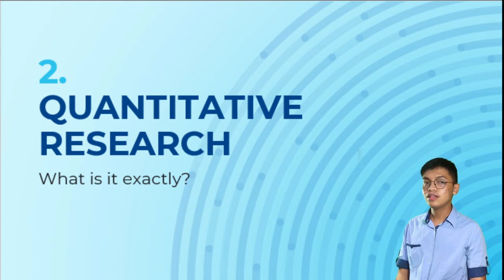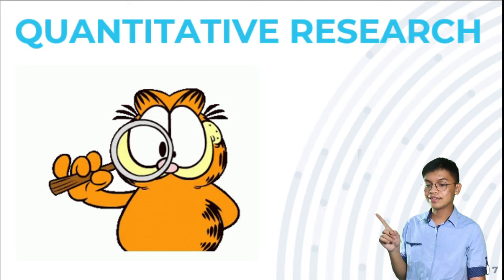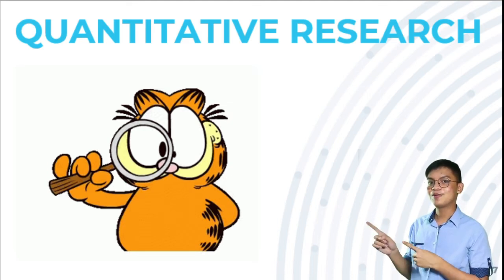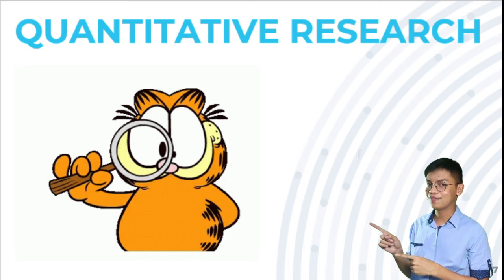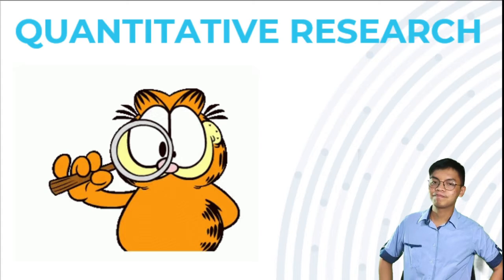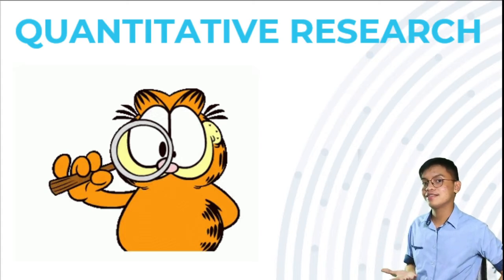So what is quantitative research exactly? I have here a simple illustration of what quantitative research is. So here is a famous cartoon character. You know him by the name Garfield. So Garfield is holding a magnifying glass. And what do you think is Garfield doing? So Garfield is trying to investigate.